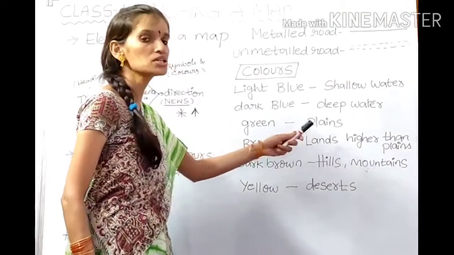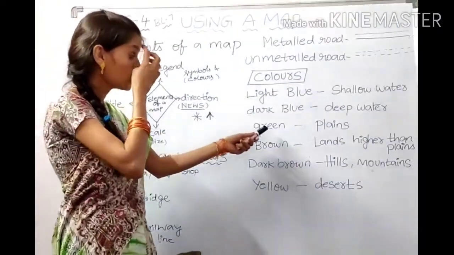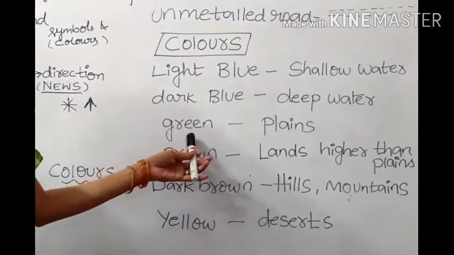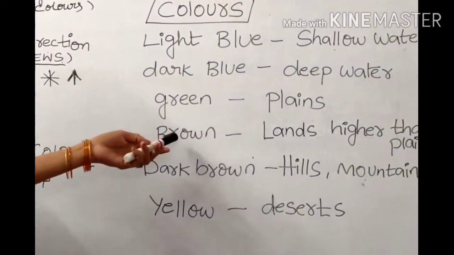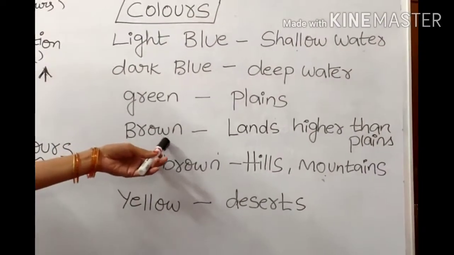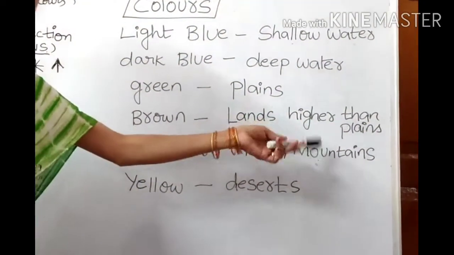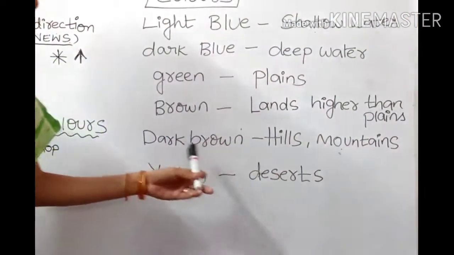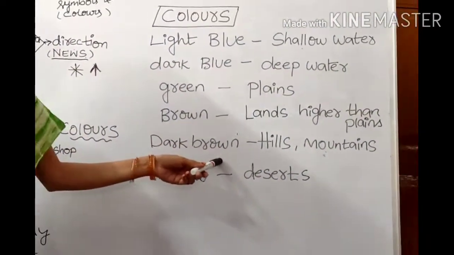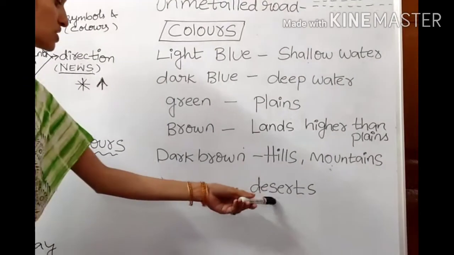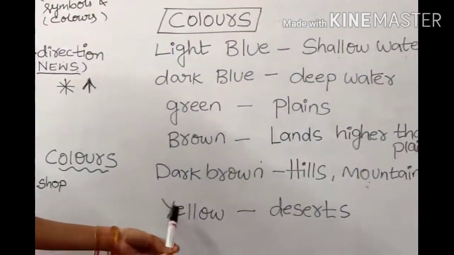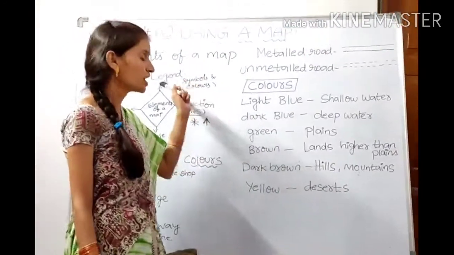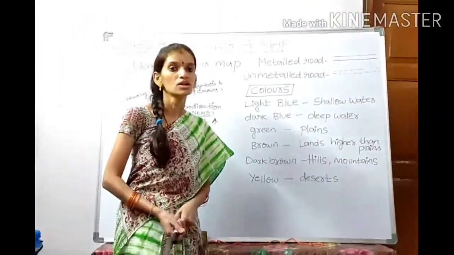If there are any plains, you can draw this green color and say that there are plains. Brown color is for lands higher than plains. For hills and mountains, the color is dark brown. And for deserts, you shade yellow. So these are the symbols, colors and elements we learned yesterday.